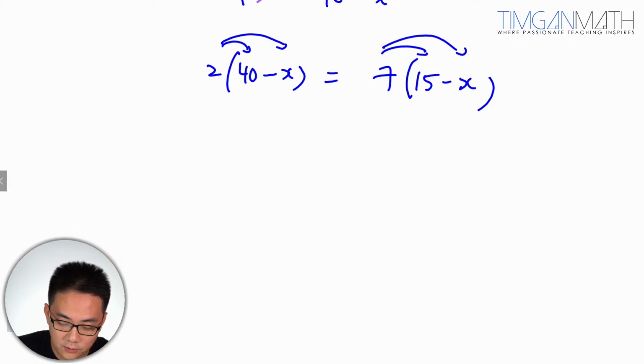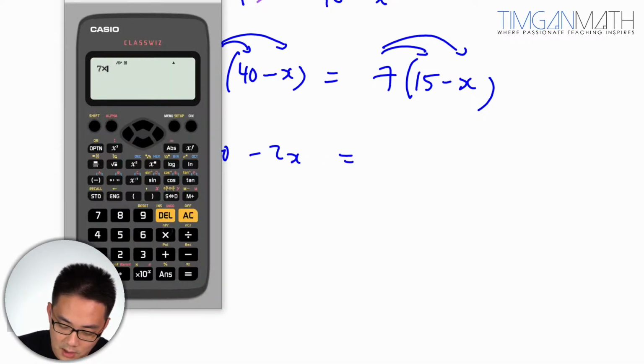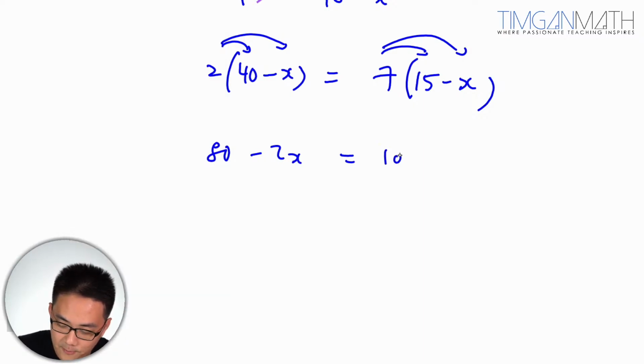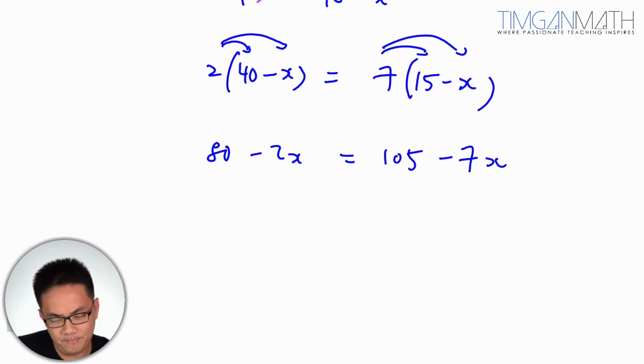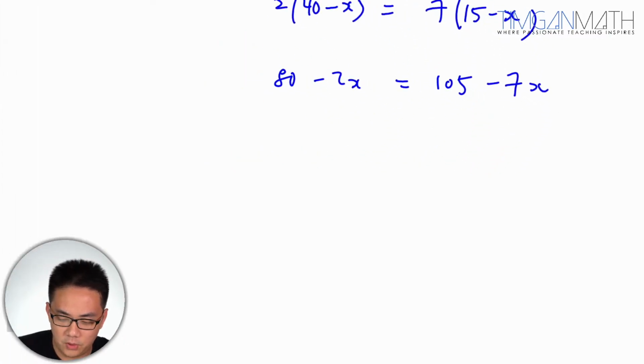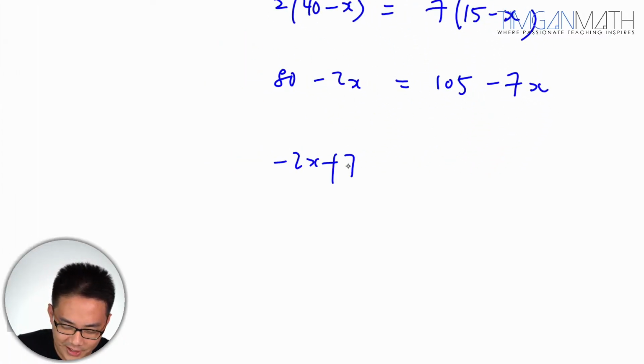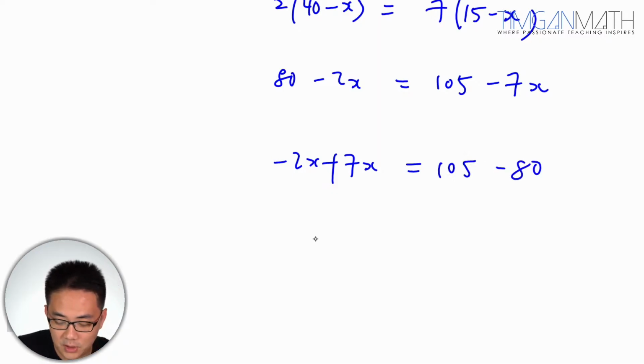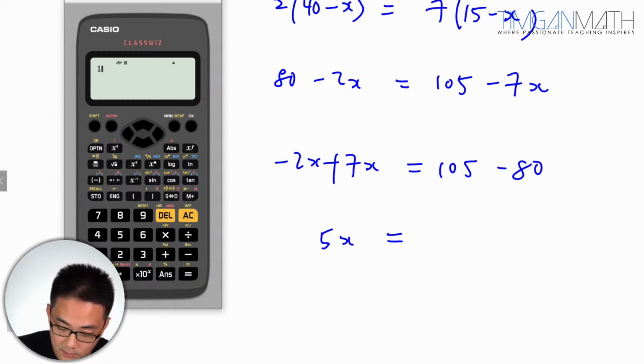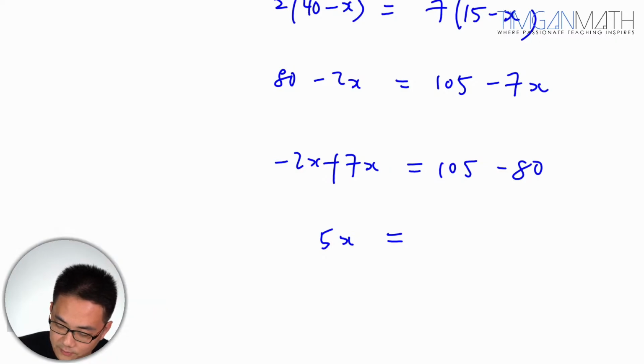So this will be 2 times 40, which is 80 minus 2x, and 7 times 15 would be 105 minus 7x. Bring the minus 7x over, so minus 2x plus 7x, that will be 105 minus 80. So 7 minus 2 is 5x, and 105 minus 80 is actually 25.